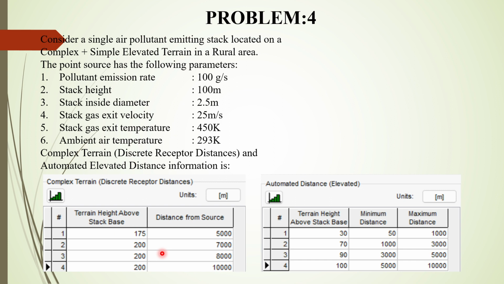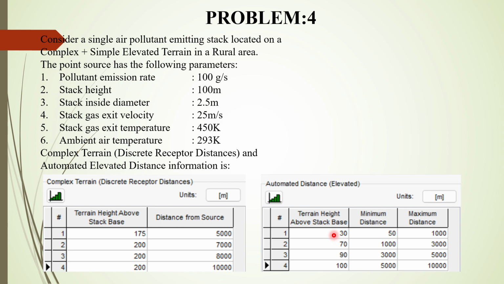And the automated distance option is as follows. The terrain height from the stack base is 30 meter, with minimum distance 50 meter and maximum distance 1 kilometer. That is from 50 meter to 1 kilometer the terrain height is 30 meter.